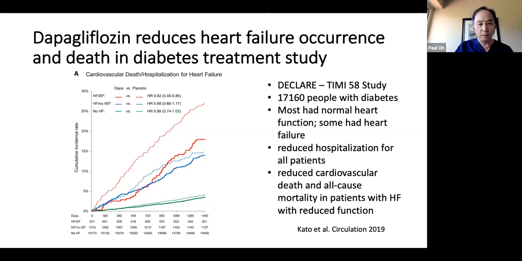There was a dramatic reduction in the occurrence of future heart failure hospitalization or cardiovascular death over about a 4-year period of time. The reduction in risk of these bad things happening was actually fairly large, at 38%.